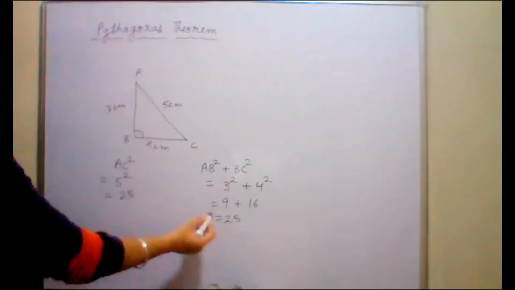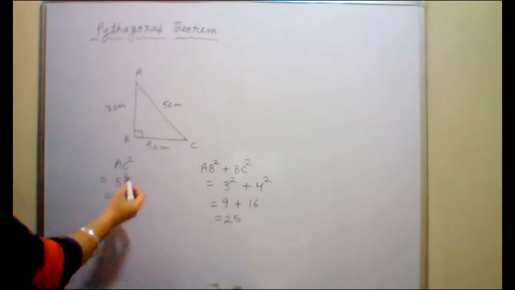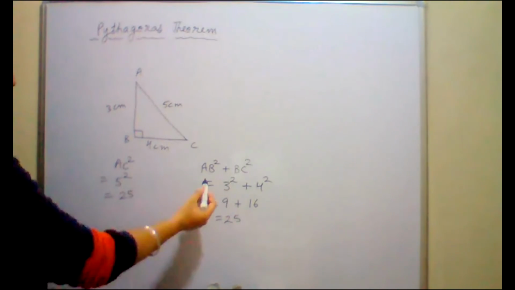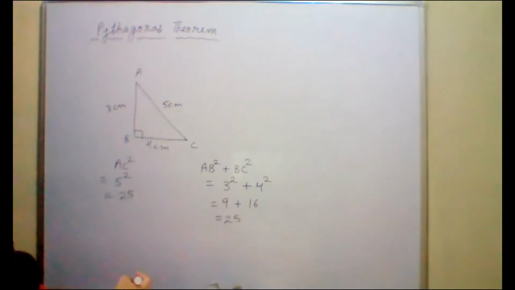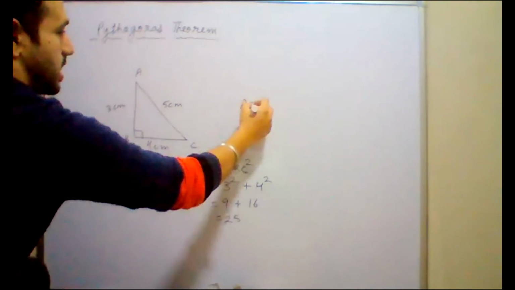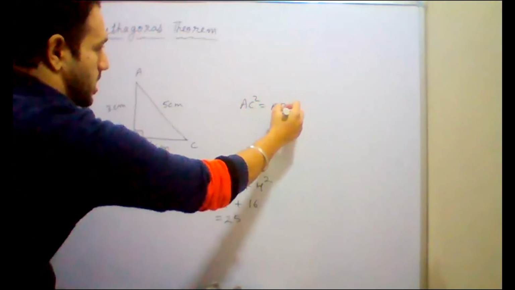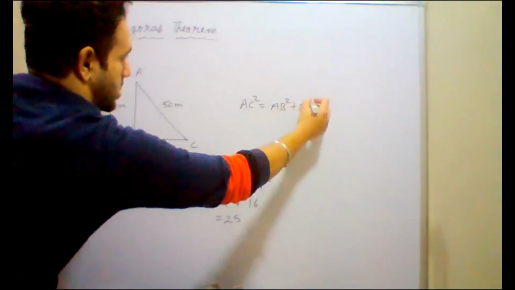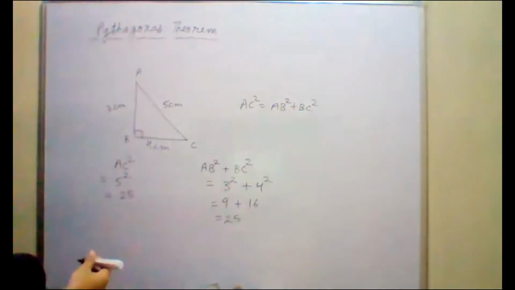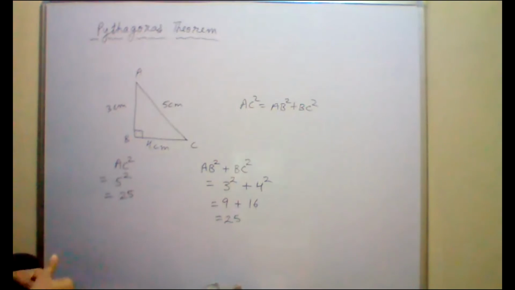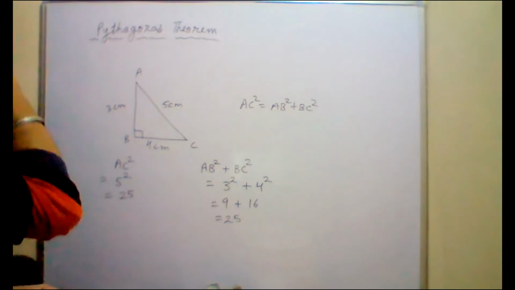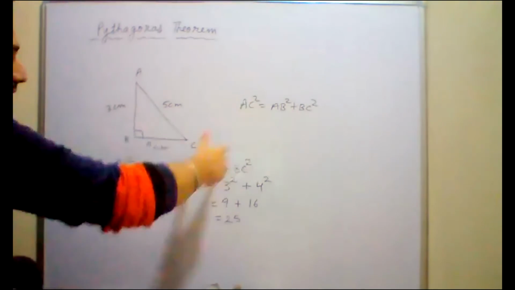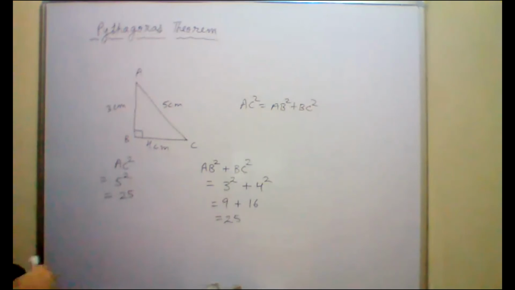Are the two things equal to each other? क्या AC square की 25? Yes, sir. Can we say that AC square is equal to AB square plus BC square? ऐसा बोल सकते हैं हम. दोनों चीजें इक्वल आ रही हैं एक दूसरे के. Yes, sir. Why ऐसा क्यों हो रहा है? Can you tell me why this is happening?